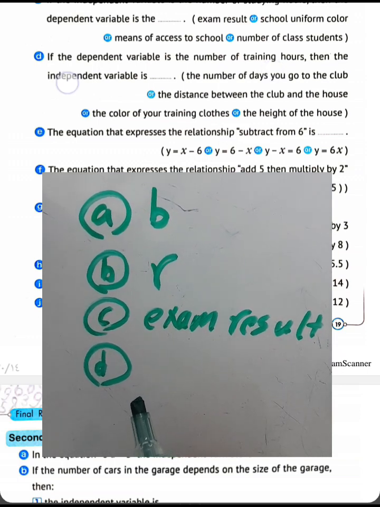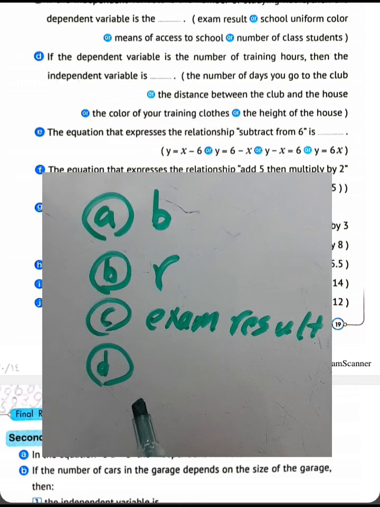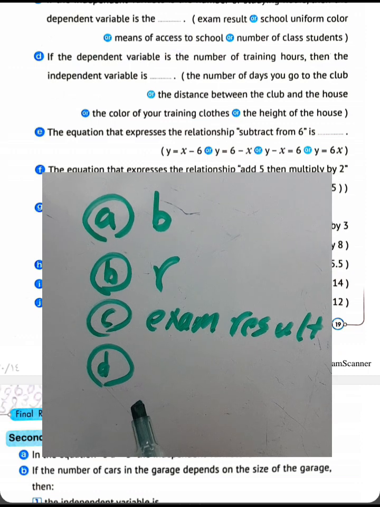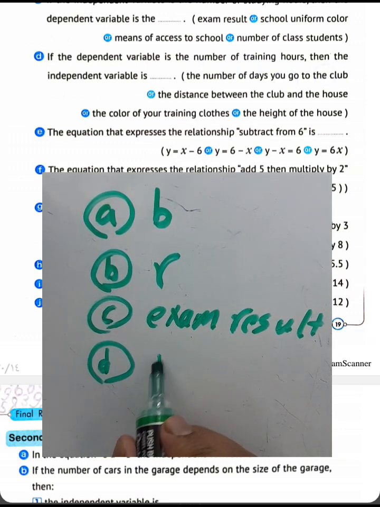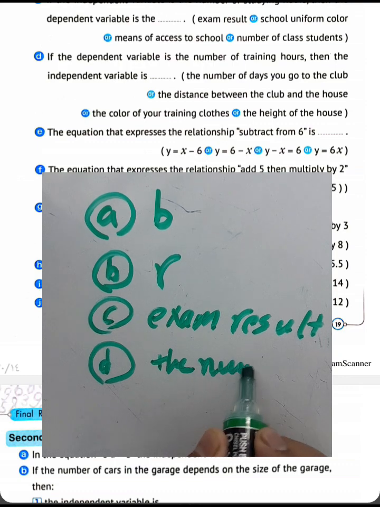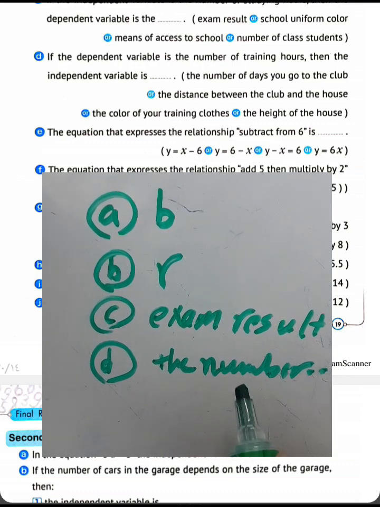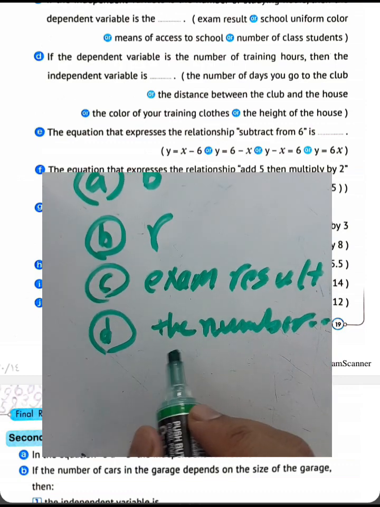Independent means it depends on what? The number of days you go to the club. Then the dependent variable is the number of training hours. The number of training hours depends on the number of days you go to the club.